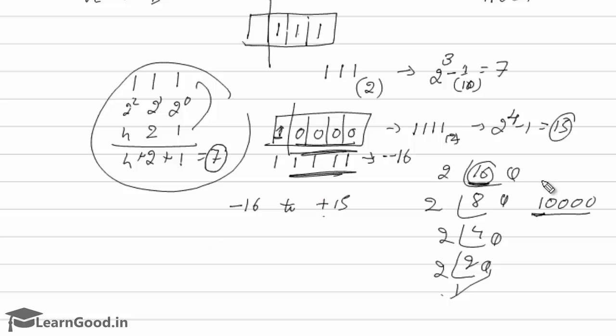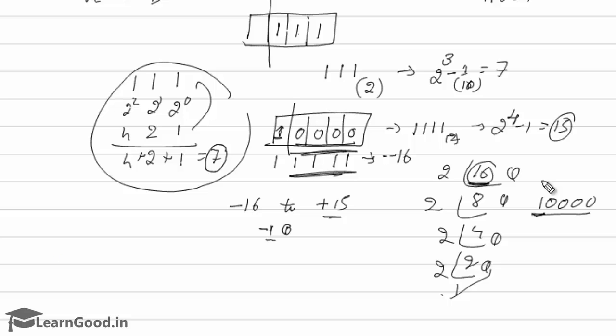Why here 1 less is because your positive numbers start from 0, whereas negative numbers start from minus 1. So the range of values you can store in a 5-bit location is minus 16 to plus 15. Similarly, in an integer, you have 15 data bits.